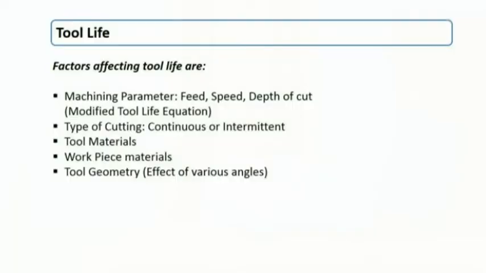Another factor is tool geometry. In which range the tool angles are present in your tool may also affect the tool life. Suppose you have a tool with a positive rake angle. That means at a positive rake angle, the chip will flow easily because it has a larger space to flow away. So there will be lesser interaction between the rake surface and your chip.